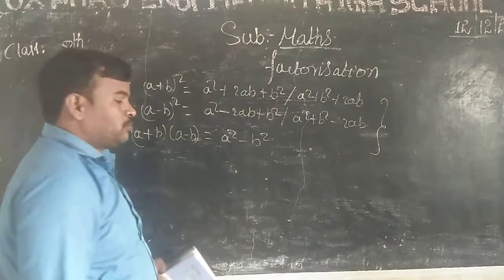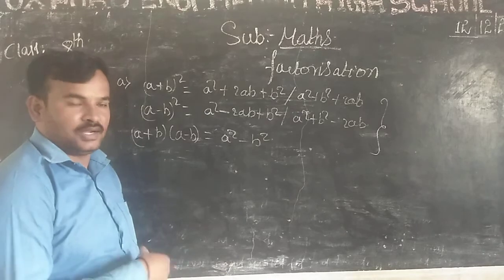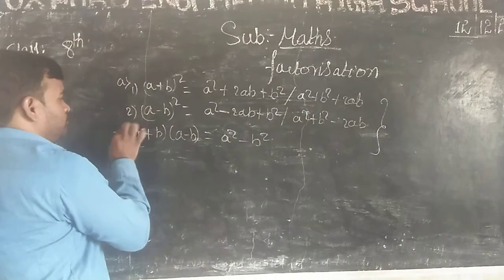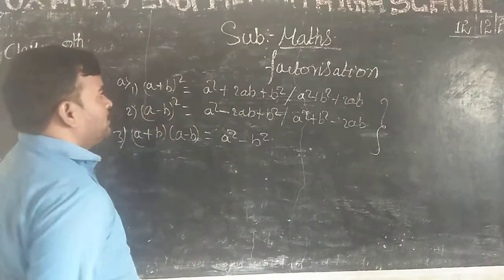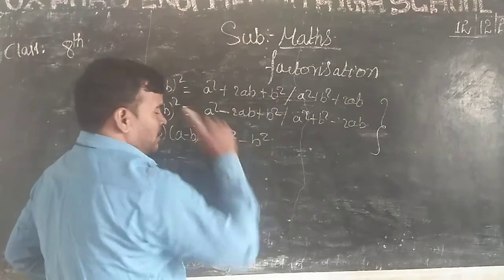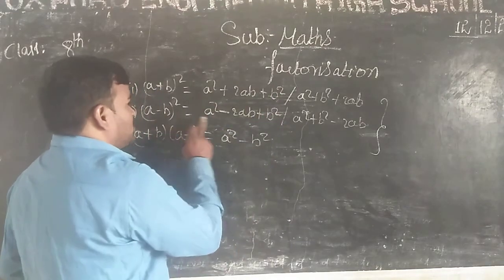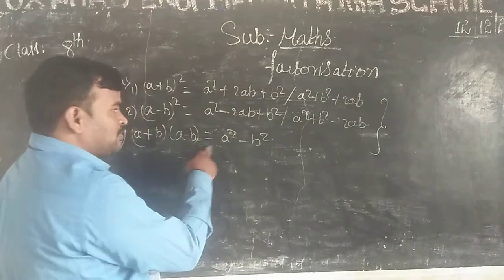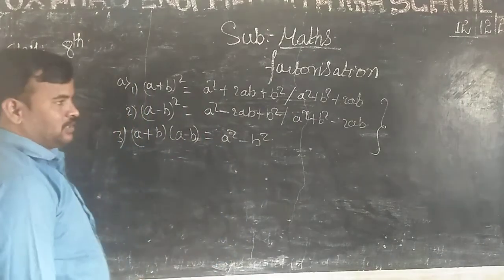Keep in your mind, memorize and learn well the first three identities. First, a plus b whole square is equal to a square plus 2ab plus b square. A minus b whole square is a square minus 2ab plus b square. A plus b into a minus b is equal to a square minus b square.